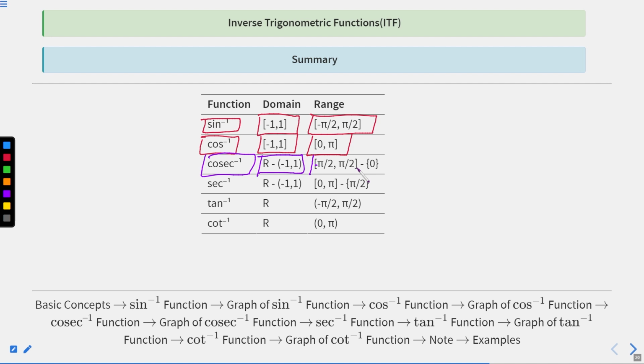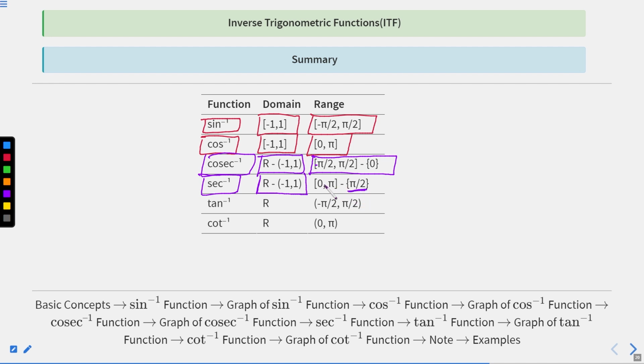We exclude 0. Okay. And for sec inverse, the domain remains the same as the cosec inverse function, but the range is the closed interval 0 to pi, where we exclude pi by 2.